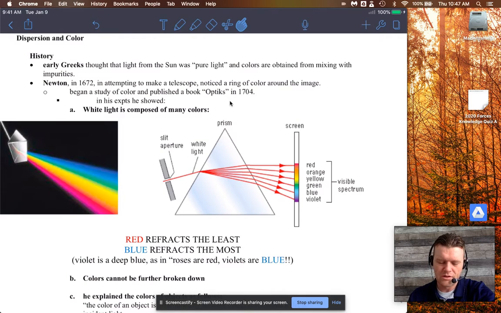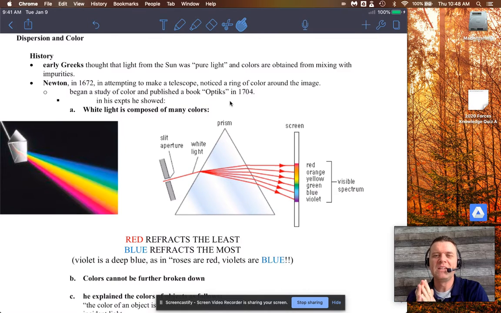Isaac Newton was the first to discover that light was made of multiple colors. And he found that out by shining white light through a prism. And what he was observing was refraction. As it turns out, each color of light has a different wavelength.